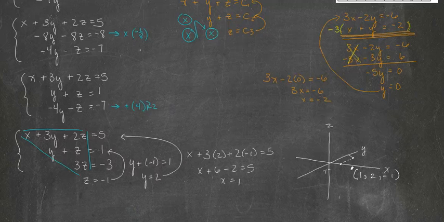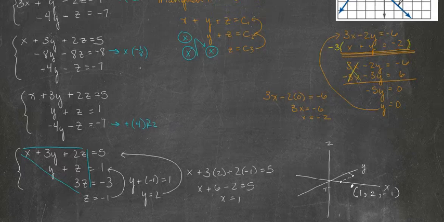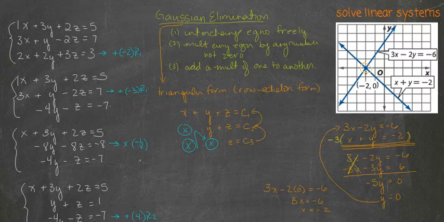So, triangle representation or row echelon form using Gaussian elimination of an equation in three variables, needing three equations to solve it. All right, so let's go back to the beginning and look at what we did. We have three equations, and we used row operations to get rid of each term successively from the bottom two equations so that we got to a place where we could back substitute and solve.